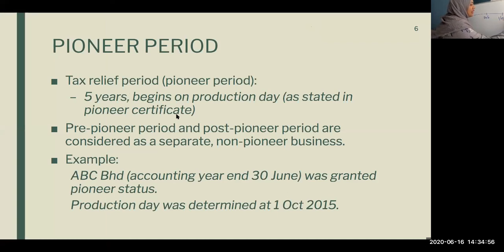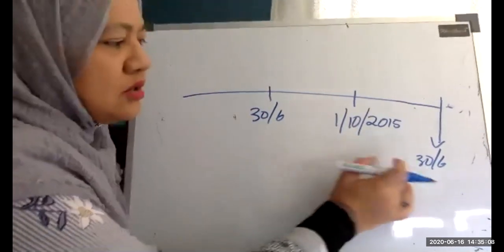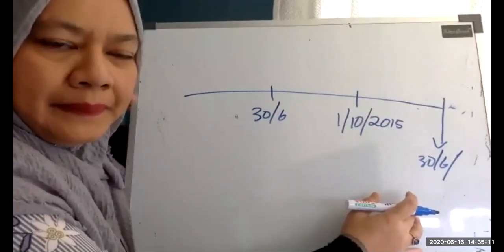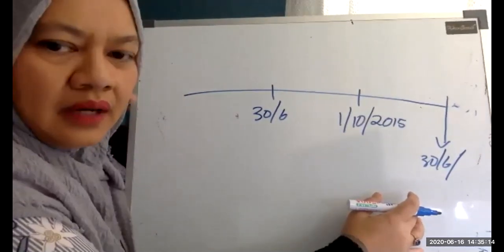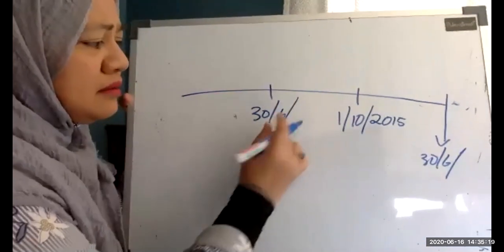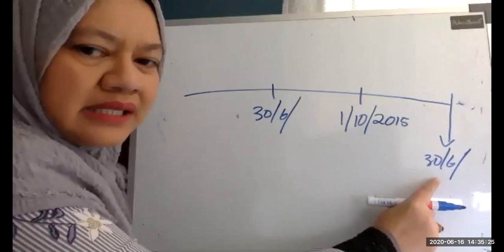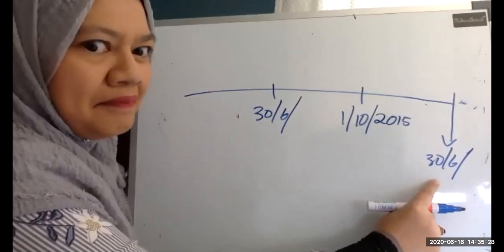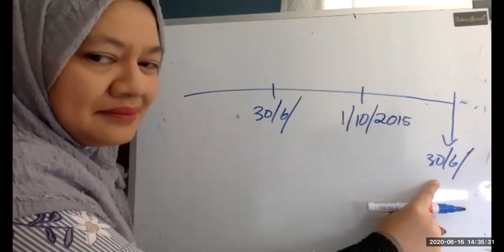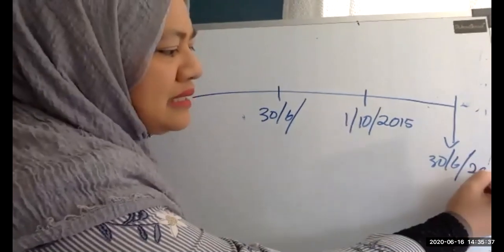So where is your year end here, 30th June 2015 or 2016? 2016. Sure?